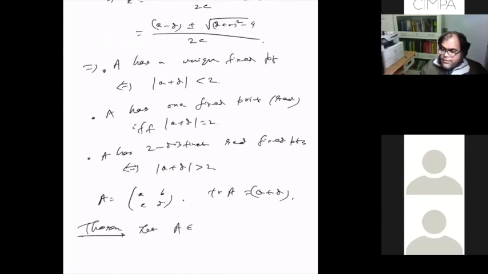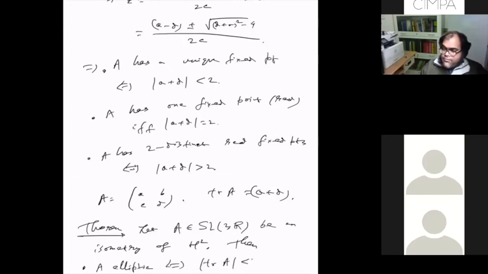Let A in SL2R be an isometry of H2, then A is elliptic if and only if |trace A| is less than 2, parabolic if and only if |trace A| equals 2, and hyperbolic if and only if |trace A| is greater than 2.